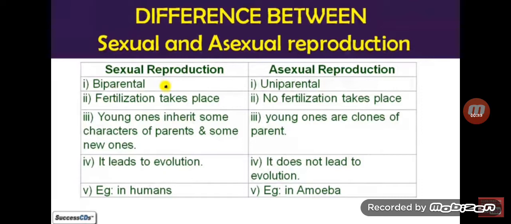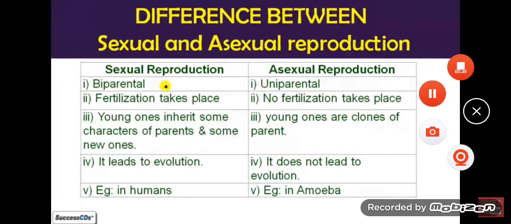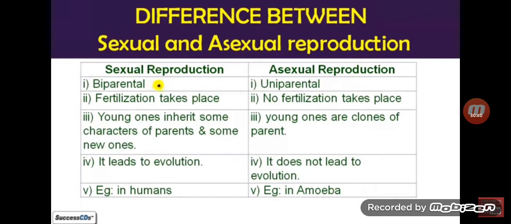Sexual reproduction is biparental. That means two parents are necessary for this kind of reproduction. Fertilization takes place only in sexual reproduction.